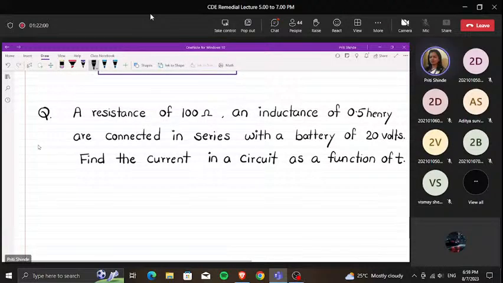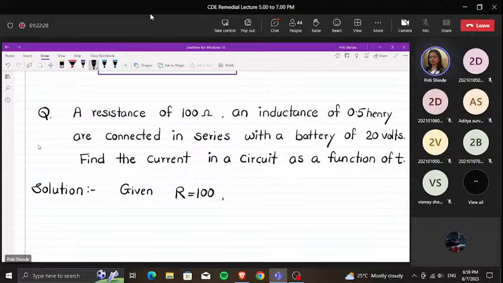Okay. So read your problem statement carefully and accordingly you can directly write down your differential equation. There are only three differential equations: circuit containing L and R, R and C, and L and C. So resistance of 100 ohm, so R is given. R is equal to 100.